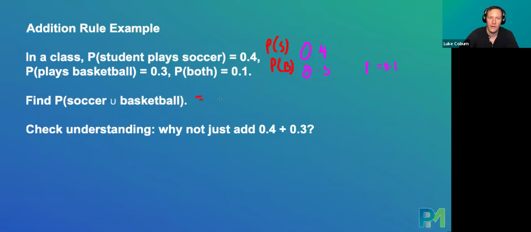And then we're going to take this formula here. This is the probability of S plus the probability of B minus the probability of S intersection B, which is going to be 0.4 plus 0.3 minus 0.1, which is 0.7 minus 0.1, which is 0.6.